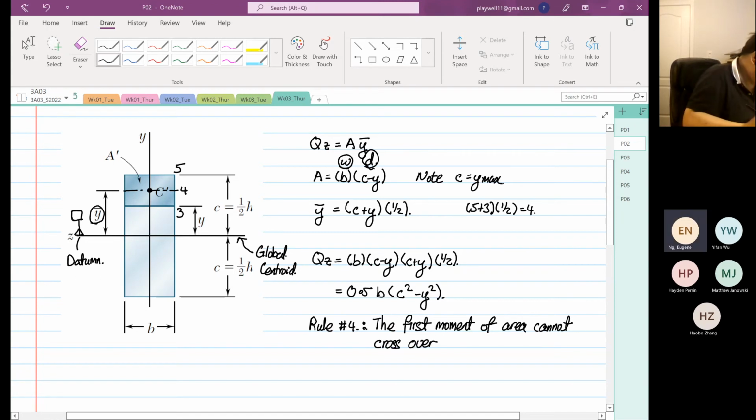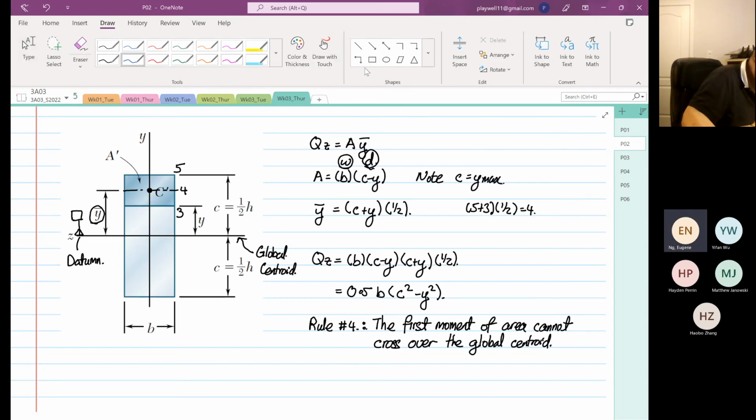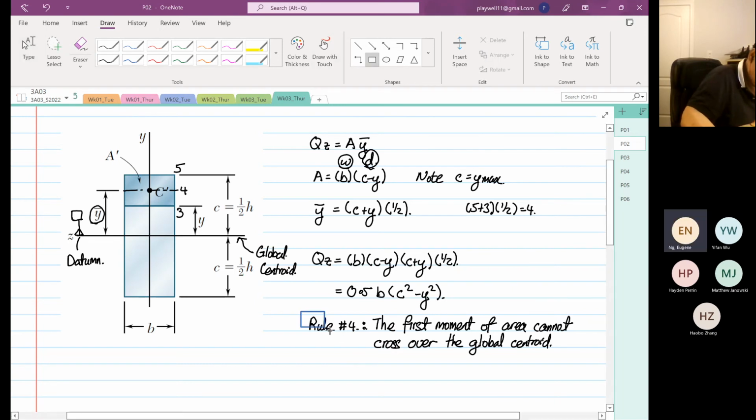Okay, the first moment of area cannot cross over the global centroid. So that becomes our rule number 4.